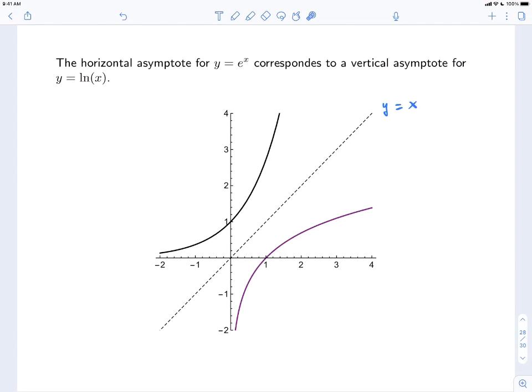But if you reflect the graph y equals e to the x through y equals x to get the inverse, then you don't just reflect the curve, you also reflect its horizontal asymptote. So if you reflect the horizontal asymptote, which is the x-axis, you get a vertical asymptote, which is the y-axis. And this vertical asymptote is an asymptote for the inverse function, which is y equals ln of x.